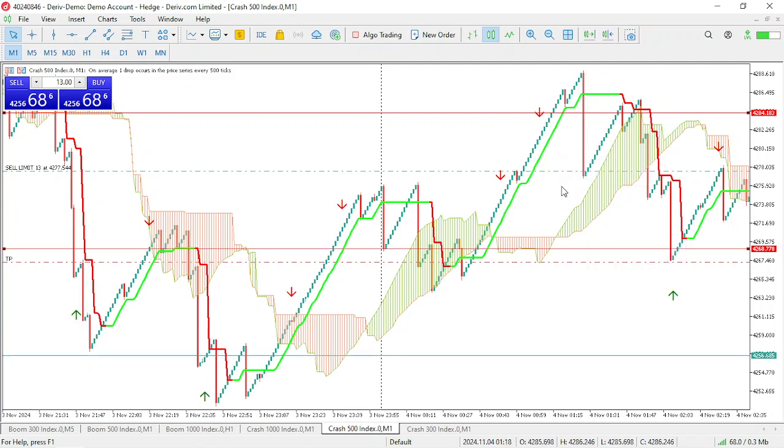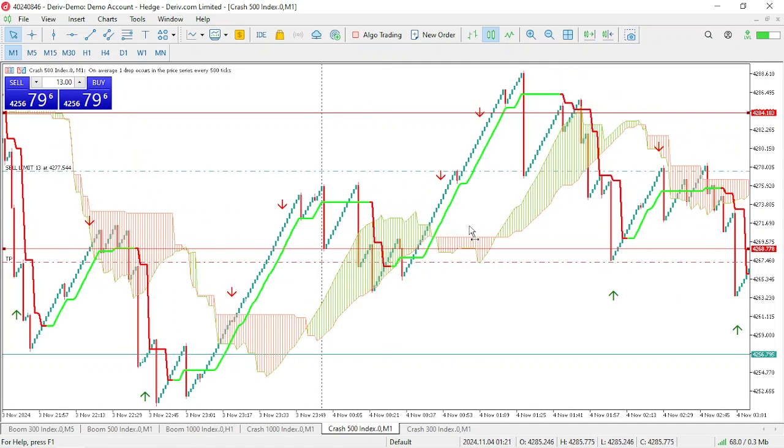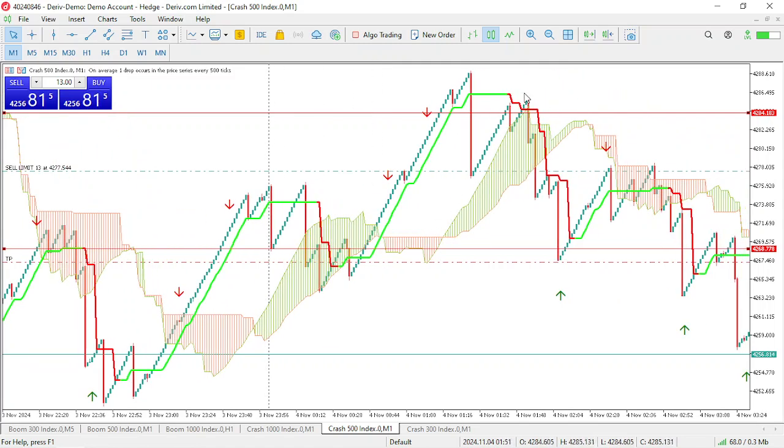But let's say you didn't, and you risked it all on the first entry on your $300 account, using the 13 lot size, which you can on Crash 500. On your real account, you are able to leverage that lot size. For 40 minutes you had a drawdown, and then you had a break-even opportunity. Then you went back into a drawdown, a bit of a lesser one, and then you went into a smaller profit opportunity.